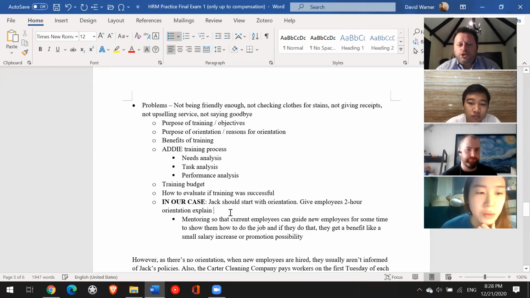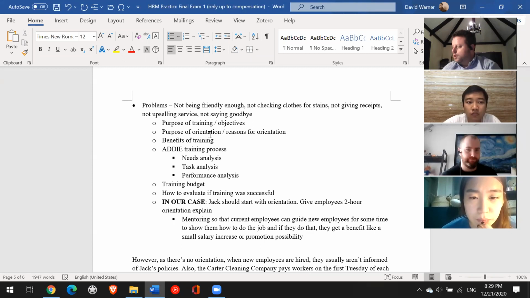With the orientation too, if you just say Jack should give an orientation, I'll give you a point. Of course he should do an orientation. That's a big part of what we learned in this subject. But what should they talk about? Why should they do an orientation? There were 4 purposes of having an orientation.